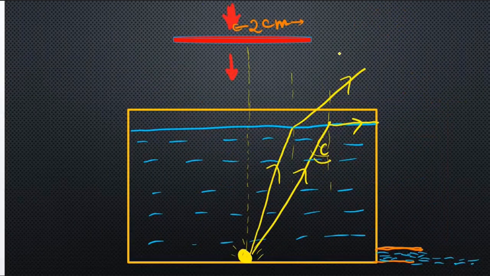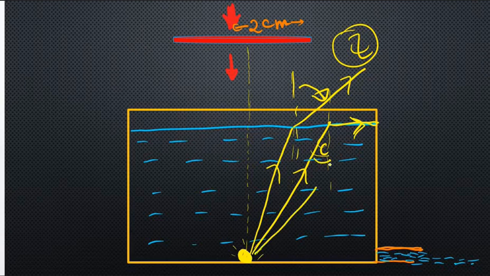Now if we place our eye here, the ray will come out of the surface by refraction, so the ray will bend away from the normal. At a certain point it will go along the surface, and that is the critical angle situation. After the critical angle, if any ray comes on the surface it will come back, which we call total internal reflection.